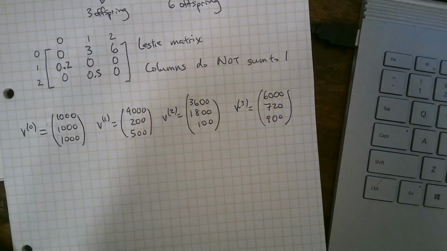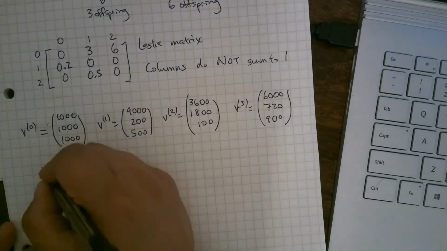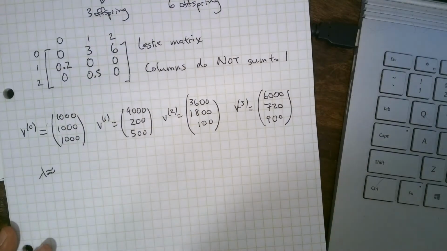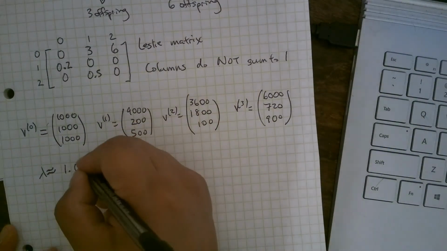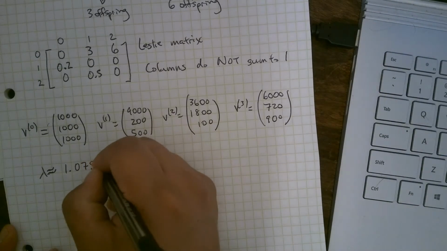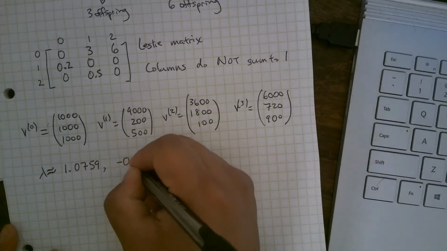So if we calculate the eigenvalues, I'm going to put approximate, because these are long decimals, and if we express them in radical form, it wouldn't even be worth it. Very ugly. 1.0759 is the real eigenvalue. We've got 2 complex eigenvalues.